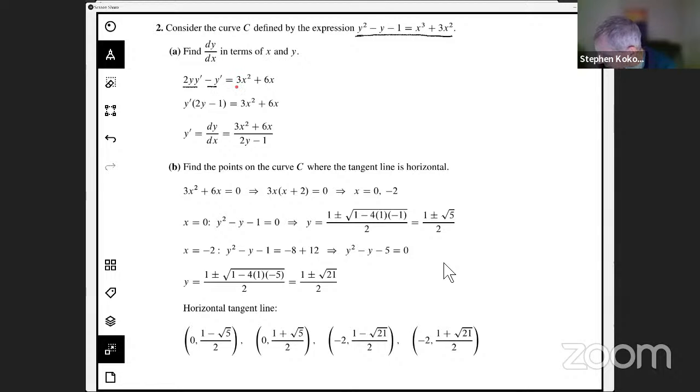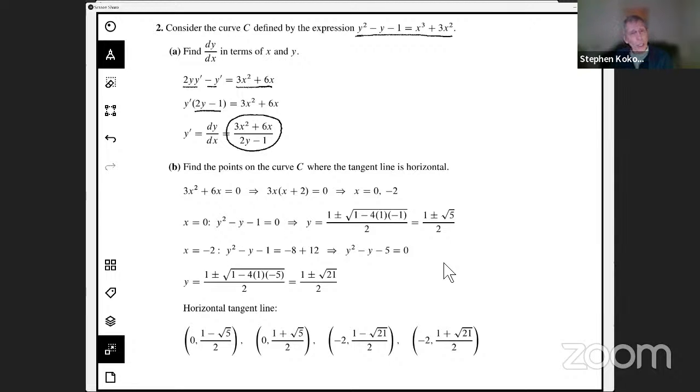On the right-hand side, we've got 3x squared by the power rule, 6x by the power rule, and a constant multiple out there. I'm going to factor out a y prime out of each of those terms, divide, and there's my expression for y prime. Pretty straightforward. A very typical free response question on the AP Calculus exam.